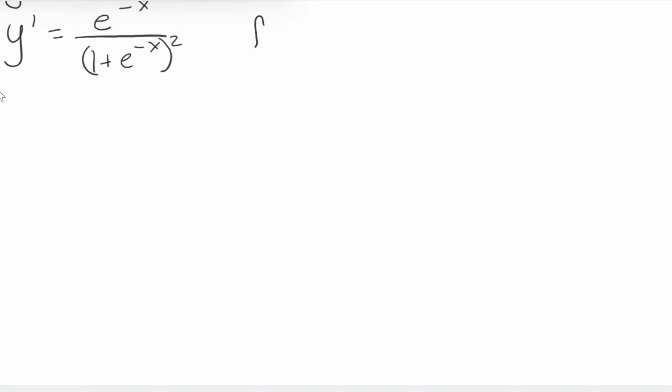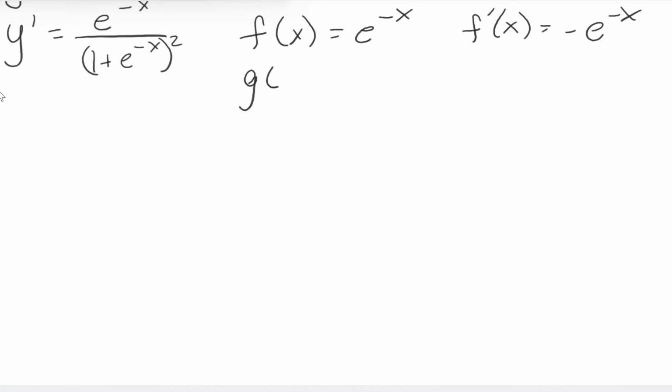So I have f of x is e to the negative x. So f prime of x is negative e to the negative x. G of x is 1 plus e to the negative x squared.